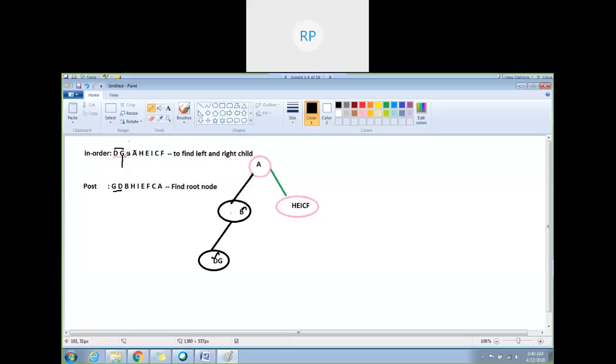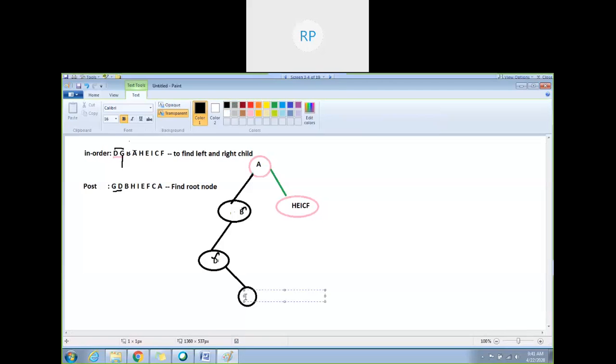No, but there is one right side element. What is that? G. So G can come on the right side. Guys, is that clear now?